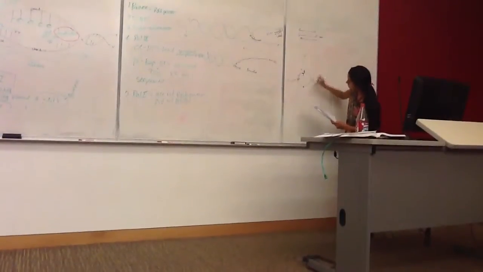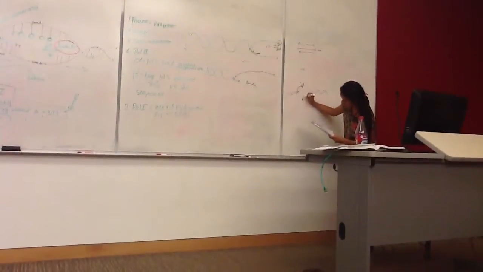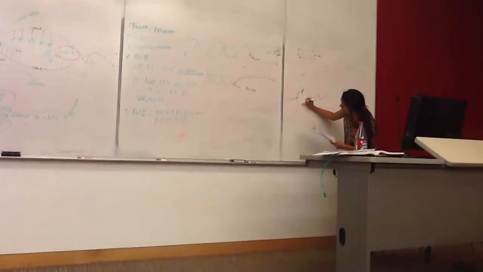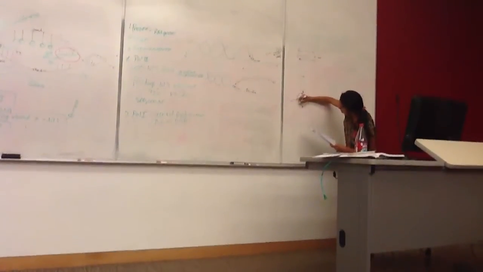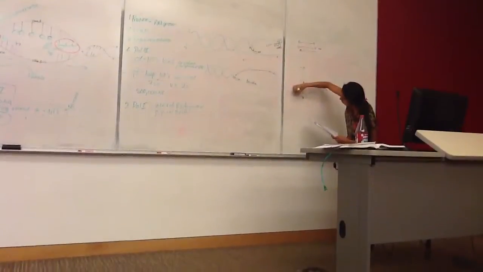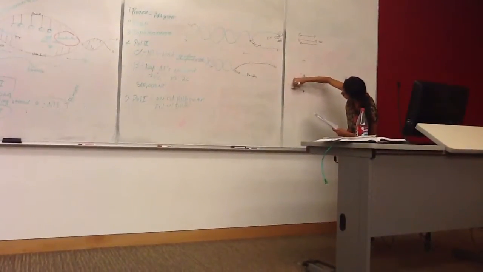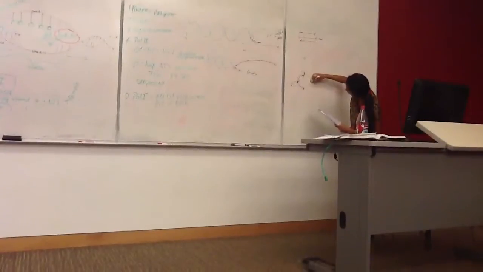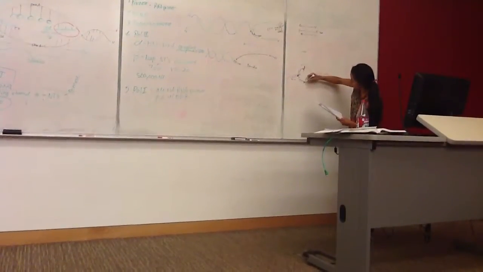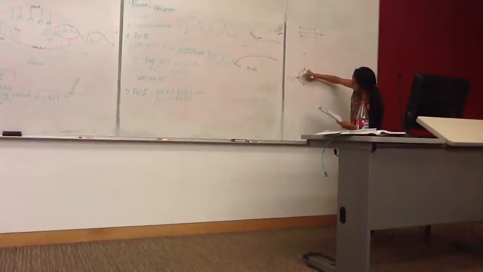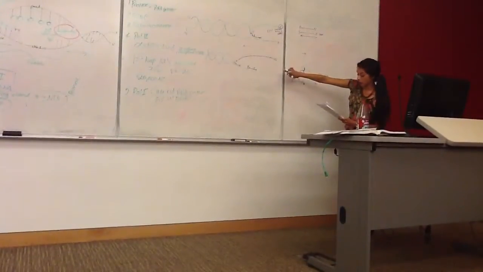But from this ORI, you're going to have lagging strands, but they're still going to go in this direction because this is the replication fork, it's going that way, and this is another replication fork going this way. And so from here you have a leading strand and a lagging strand going that way.